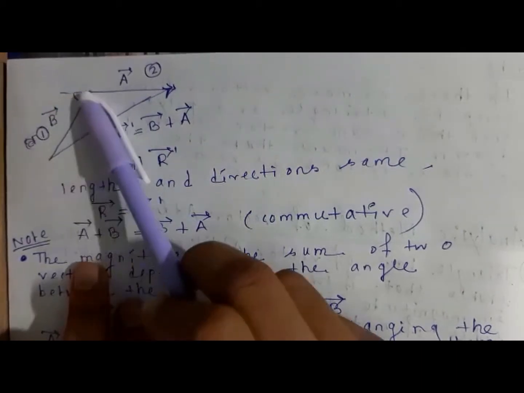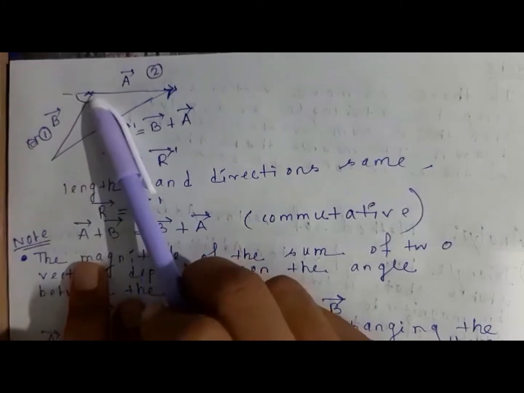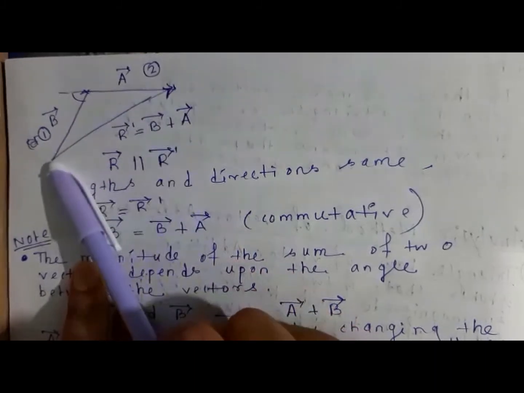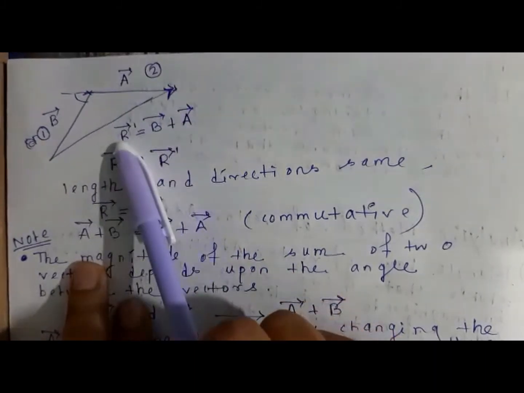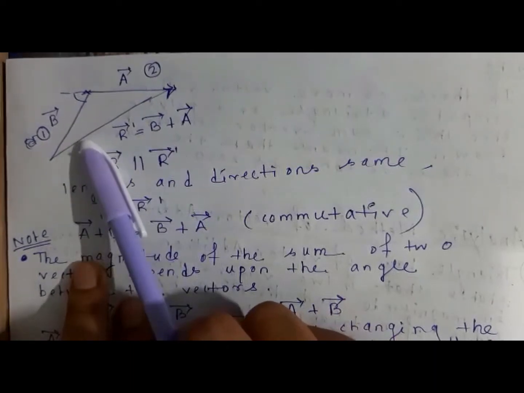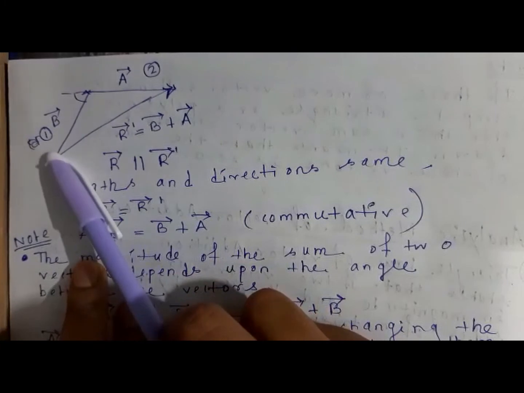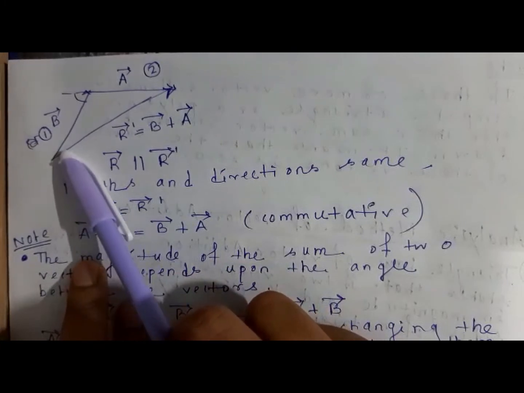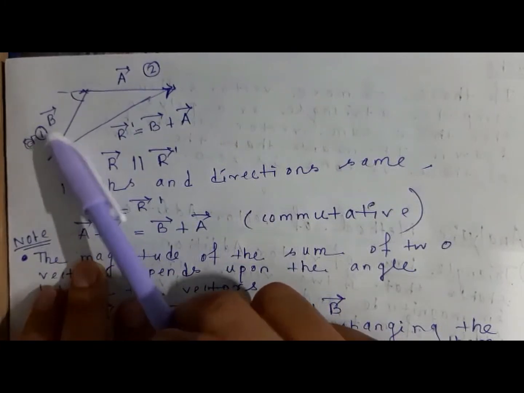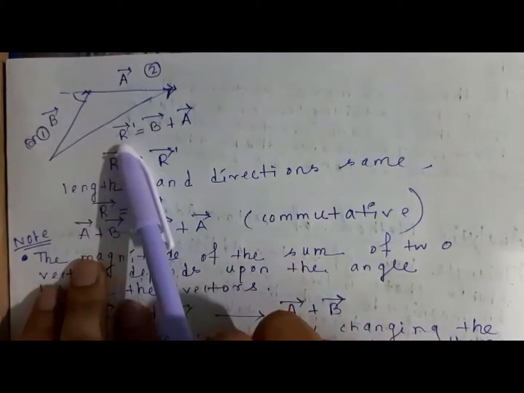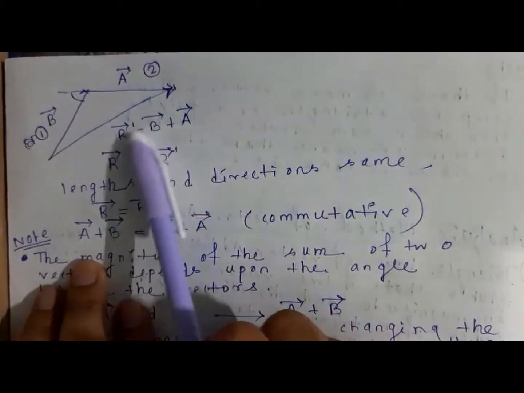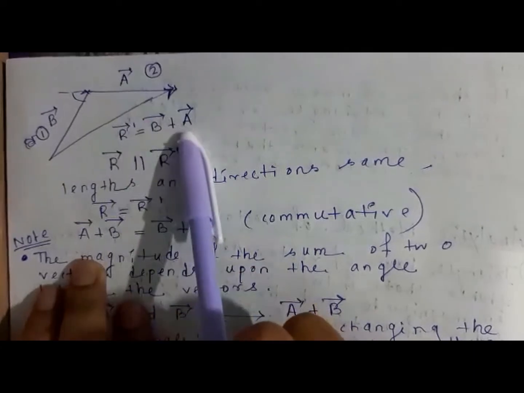First you draw this one, then you draw this, and after that, by meeting these two, you get the resultant vector. So this vector I started from b, and the previous one which I had drawn, I started from the a vector. After you add these two, what do you get? b vector plus a vector.